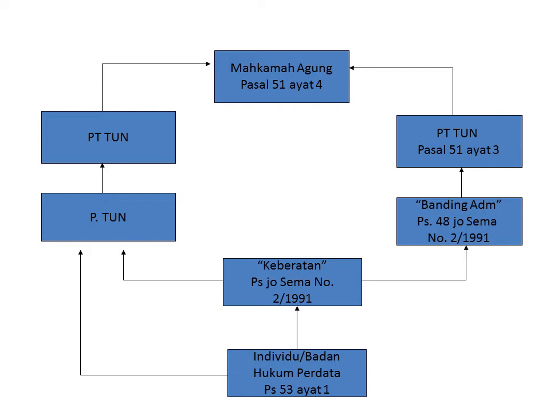In this case it is the Directorate of Education, for example, or higher education. So keberatan is submitted to the institution or the officer who issued the decree. Banding administratif or administrative appeal is submitted to the higher institution, higher than the institution that issued the decree.